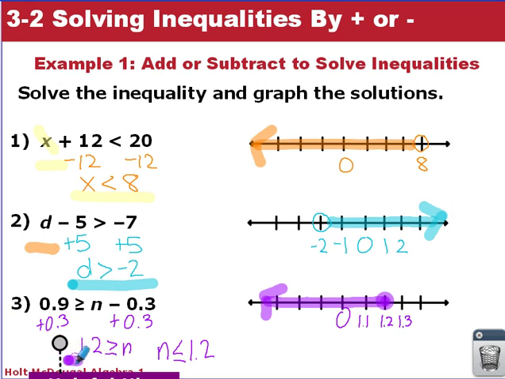And again, keep in mind we always want the variable on the left-hand side, so we reverse it. So n is going to be less than or equal to 1.2. To graph it, we have a closed circle at 1.2, and we shade everything to the left because n is less than that number. So keep in mind we want to end up having the variable on the left-hand side. We can't change our inequality, our sign just flips around.